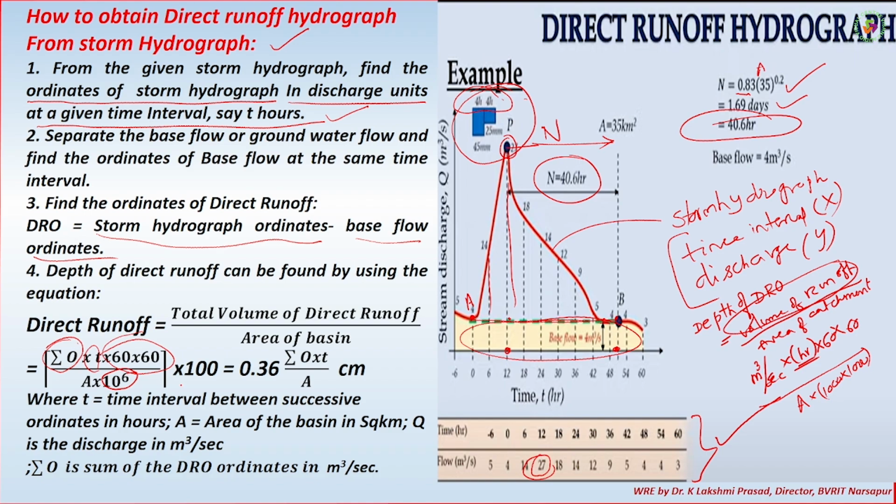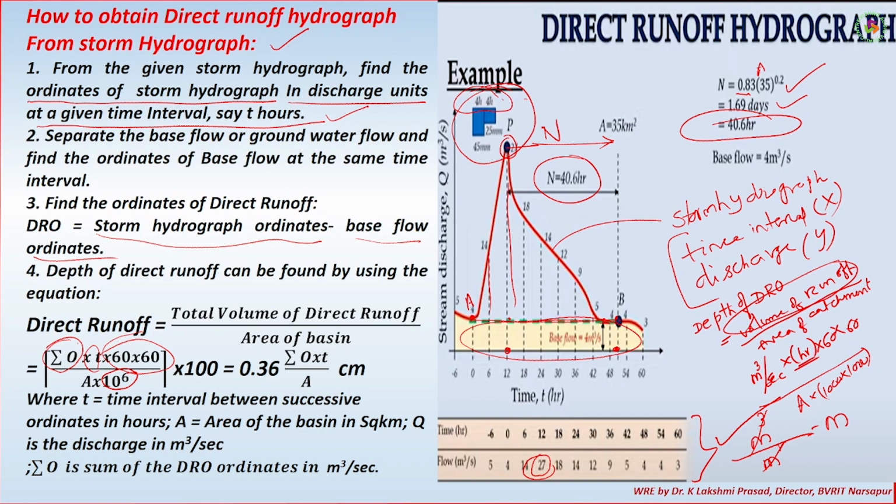Now if I do all this, what unit am I getting? Meter cube is the numerator and the denominator is in meter square, because I have converted kilometer square to meter square. So if I cancel, I am getting meters. But I have to convert that into centimeters, because we never express the runoff in terms of meters; we express it in centimeters.